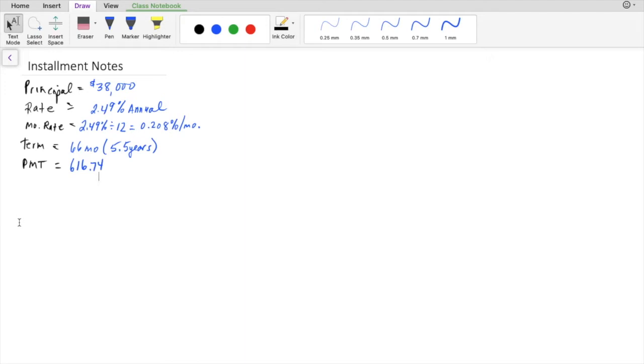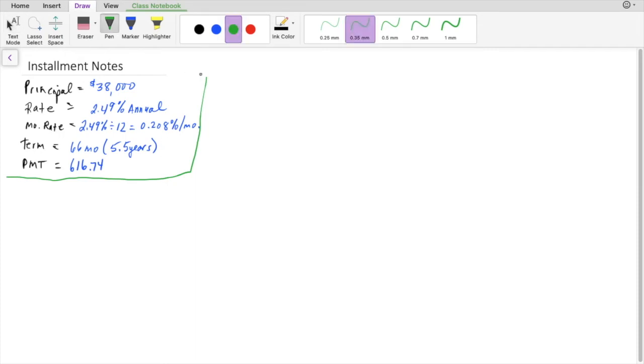But we're going to change this up just a little bit, and we're going to go through it as if we were making annual payments. So I'm going to box this off so we can keep some of this information handy. But we're going to do this from an annual perspective.